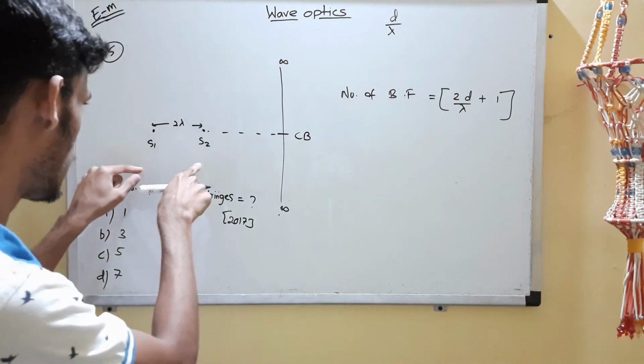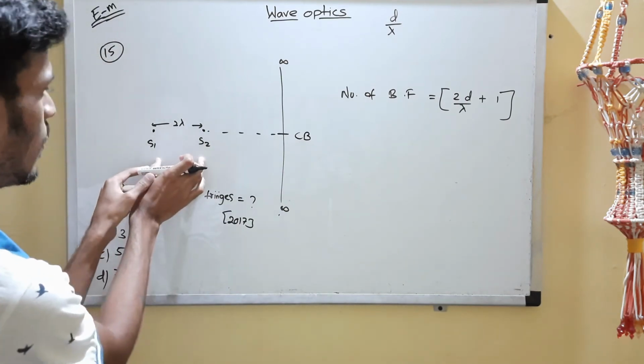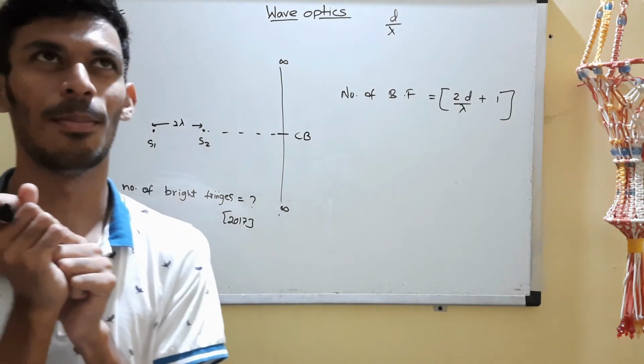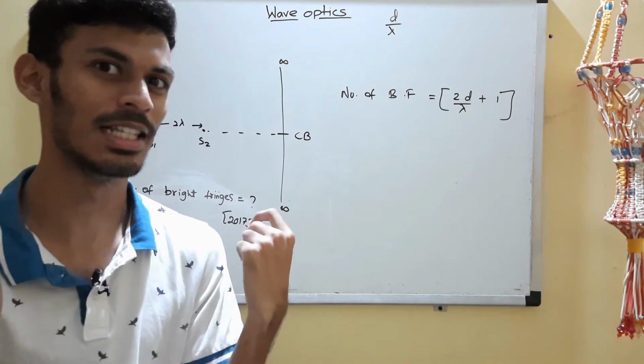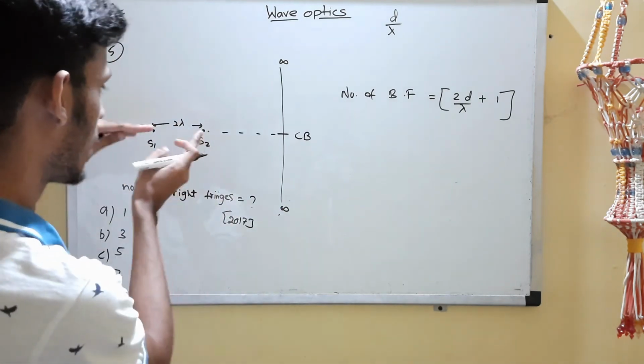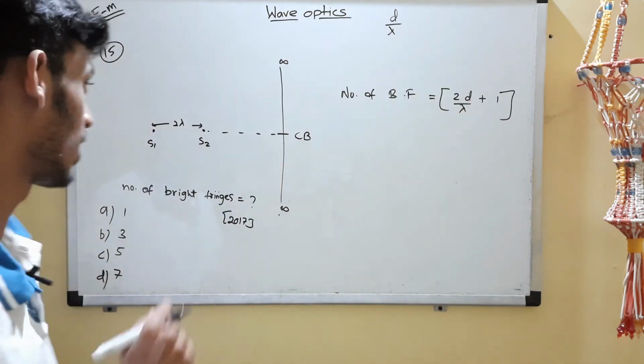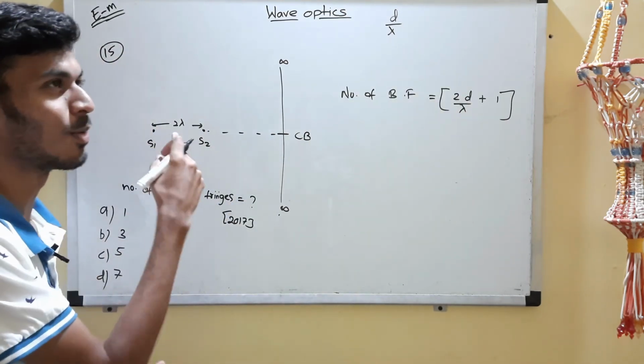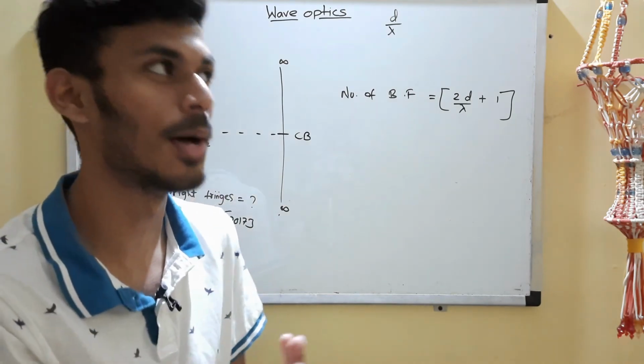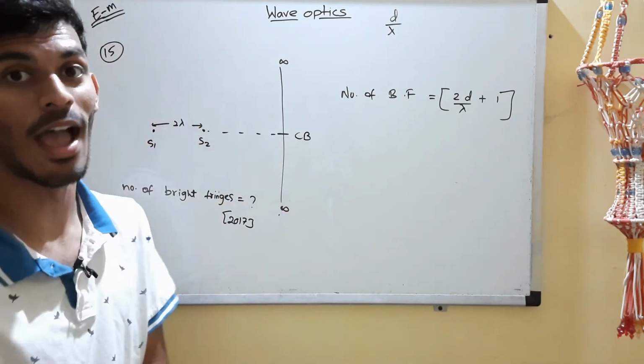Here, if you see, the distance between the two slits is 2 lambda. N lambda means a maxima will be formed. Here the path difference is n lambda, and plus 1 is justified. Suppose this was not equal to n times lambda, but some other multiple, then we won't have a central maxima.